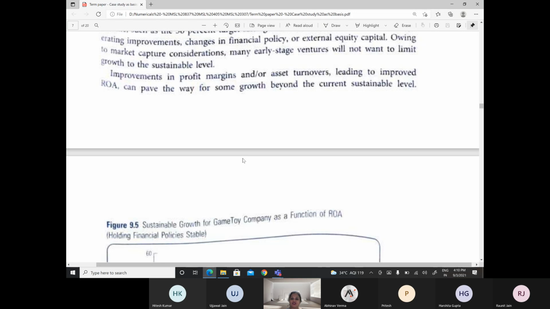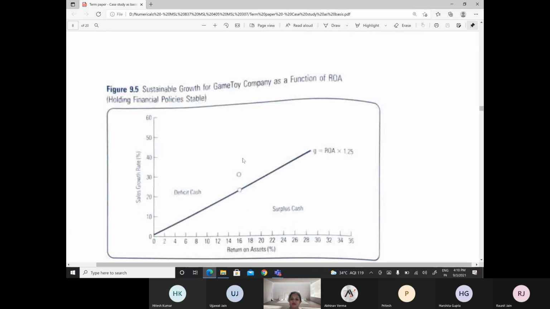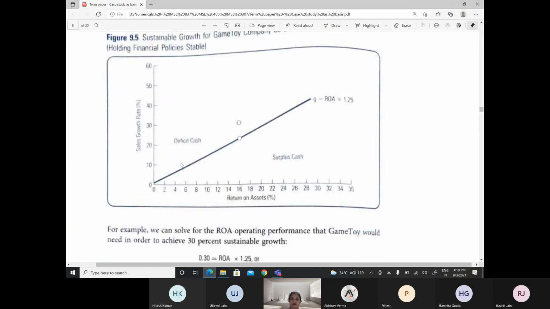Improvements in profit margins and or asset turnovers leading to improved ROA can pave the way for some growth beyond the current sustainable levels. Okay, so this is the graph that shows that your ROA and your growth is a linear combination. So you have to do a better job at the ROA to actually go through a growth rate which is higher than the sustainable growth rate.